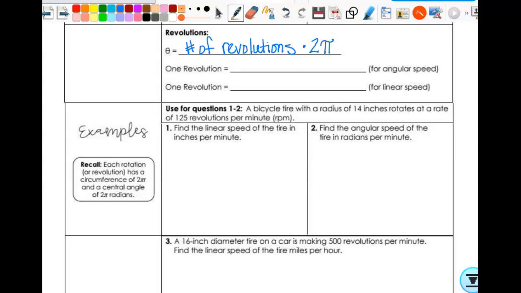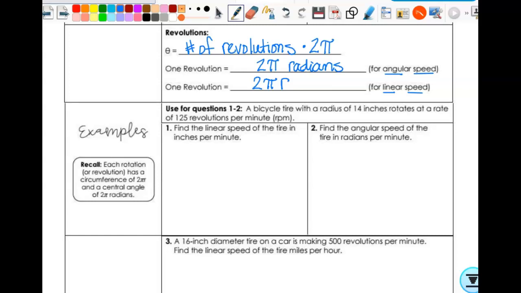One revolution when you're talking angular speed is 2 pi radians. One revolution for linear speed is 2 pi r, meaning 2 pi times the radius. It's one length of the circumference.